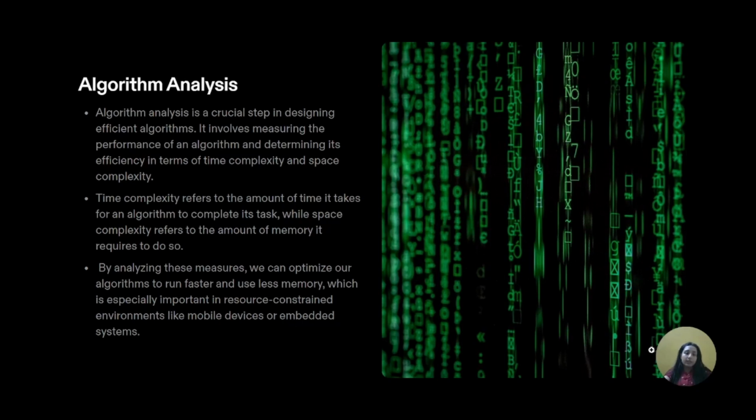Time complexity refers to the amount of time it takes for an algorithm to complete its tasks, while space complexity refers to the amount of memory it requires to do so. By analyzing these measures, we can optimize our algorithms to run faster and use less memory, which is especially important in resource constrained environments like mobile devices or embedded systems.